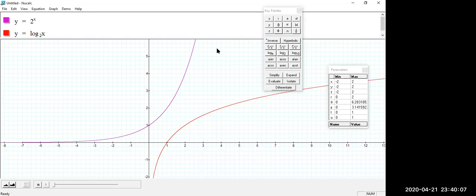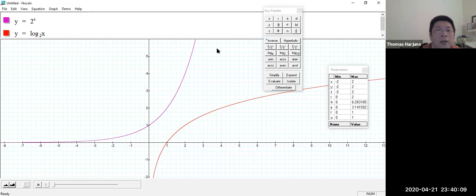Yes. Okay, good. Now then, you see the purple curve. The purple curve is my exponential function with base 2, and my red one is the logarithmic function with base 2.